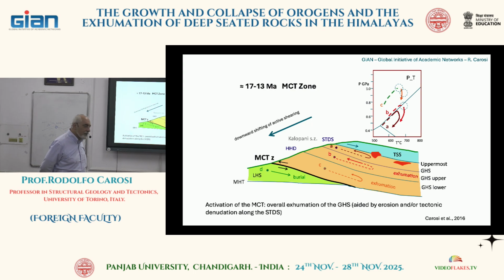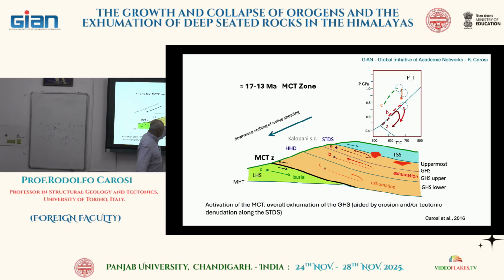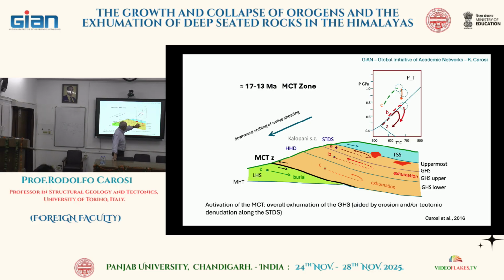Usually, the leucogranites in the Greater Himalayan sequence are thought to come from the molten part of the Greater Himalayan sequence, with geochemical constraints supporting this.